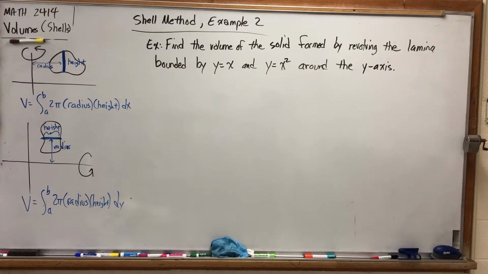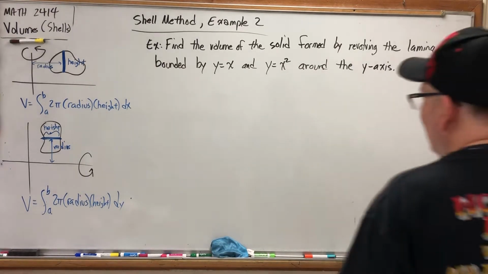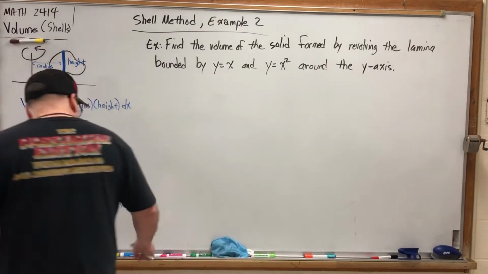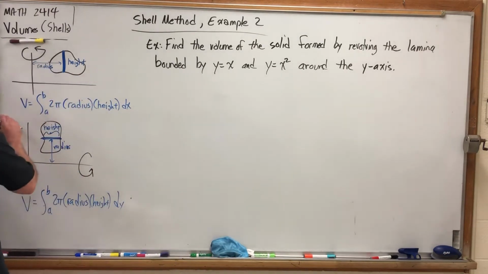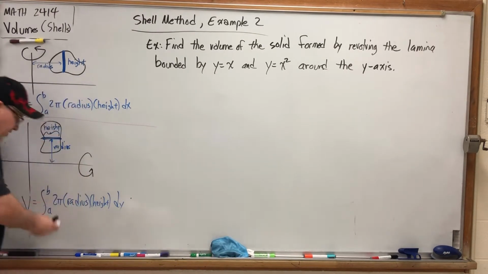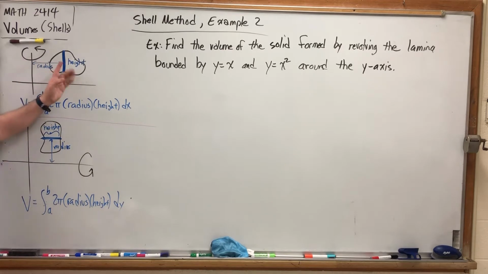All right, in the previous video, we established a new technique called the shell method, but I'd like to summarize it here. If we have a lamina that we're rotating around the y-axis, but we take a cut parallel to the y-axis, then we can calculate the volume if we can measure the radius, which is the distance from the axis of rotation to that cut, and the height, which is the height of that cut.